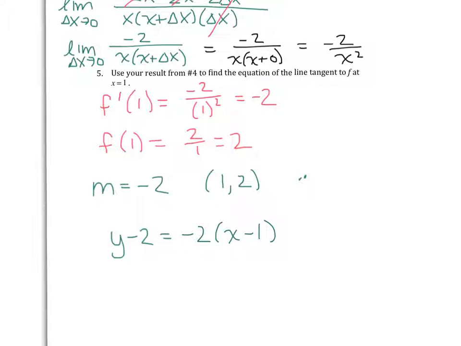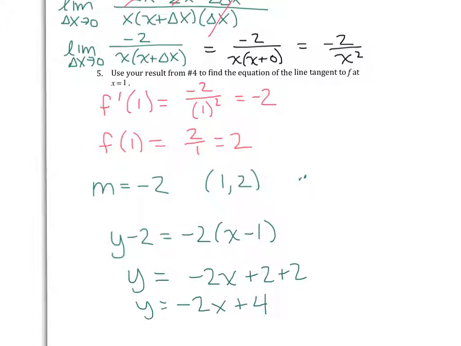That's a perfectly acceptable form to leave it in. If you wanted, you could change that to slope-intercept form, and then you would have y equals negative 2x plus 2, which is y equals negative 2x plus 4.